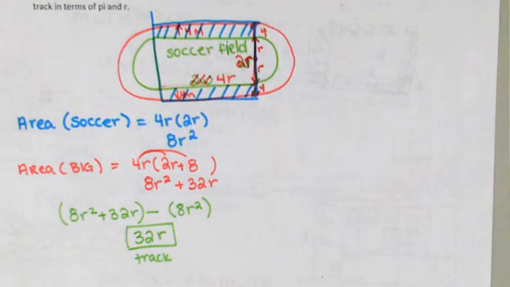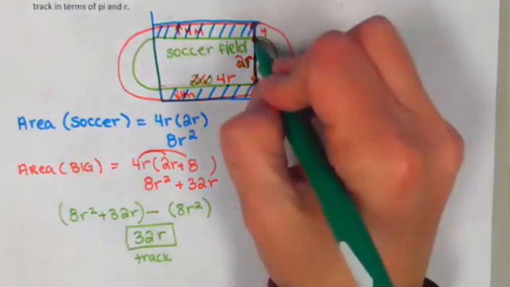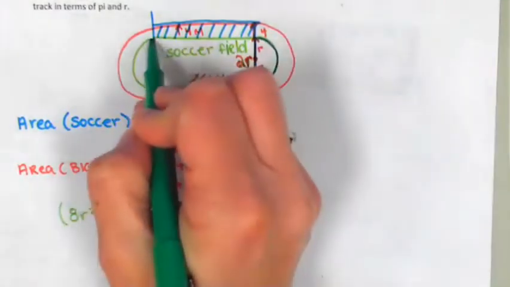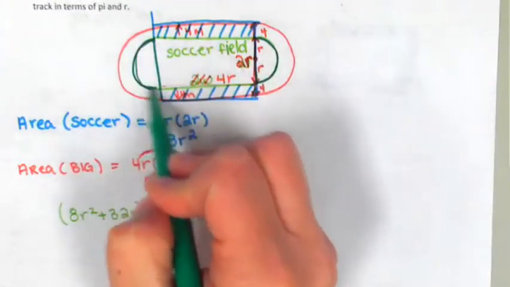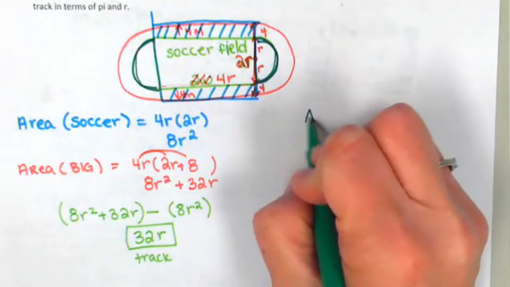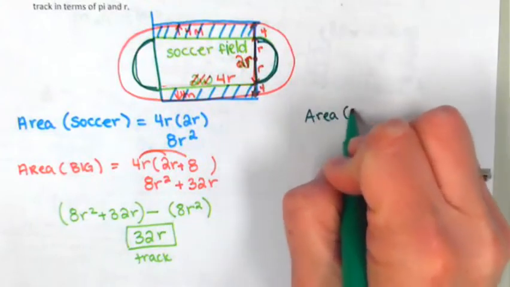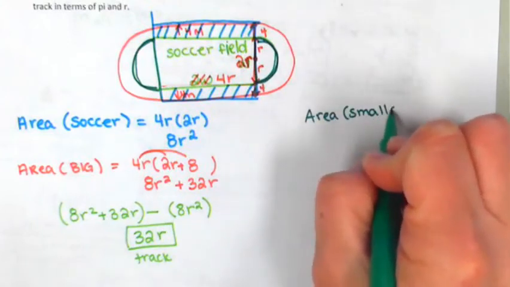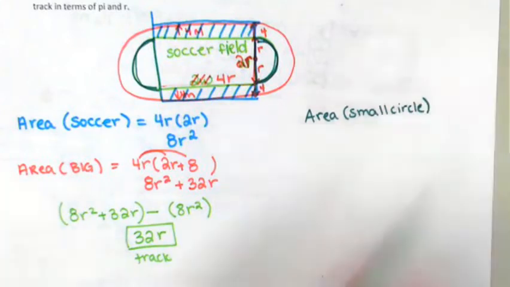If I look at this side and this side, doesn't that make one big circle or one small circle? Yeah. So can I find the area of my small circle? And how do we find the area of a circle?